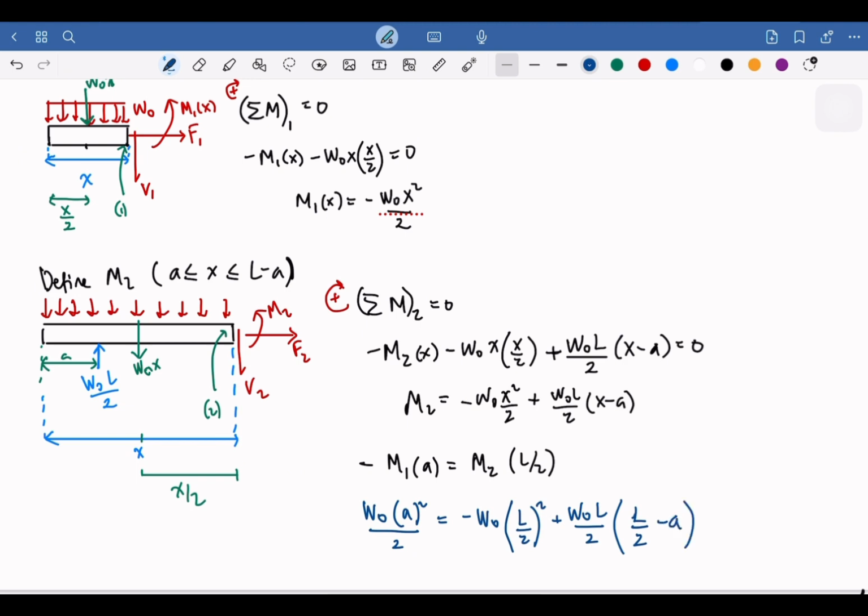Okay, so basically we solve this, and I don't write the final answer. We solve this to take A equal something. Okay. You can see that we can cancel W0, right? And then A will be in some formulation with respect to the L. Okay.